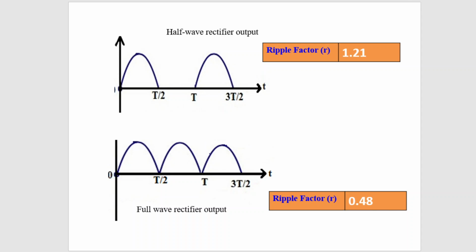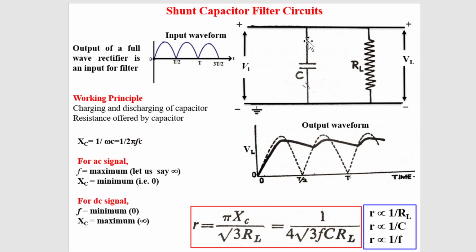That means if this signal is applied across the filter circuit, both AC and DC signals will be applied at the input of the shunt capacitor filter. That is why I have taken two cases: for the AC signal, what will be the value of Xc, and for the DC signal, what will be the value of Xc.